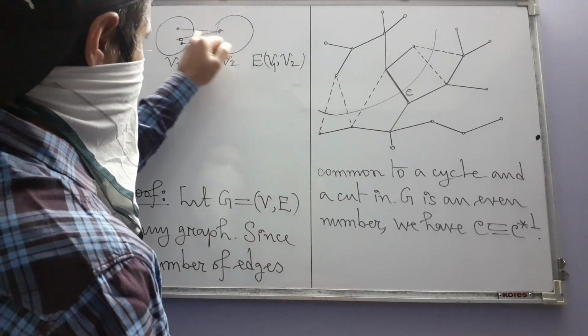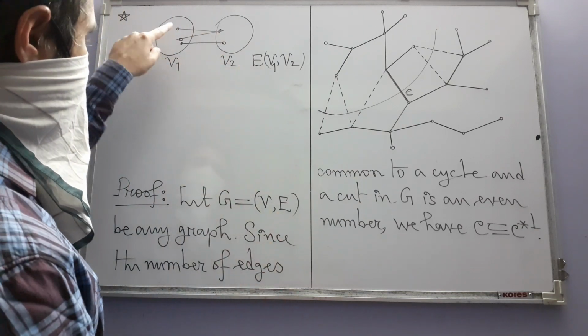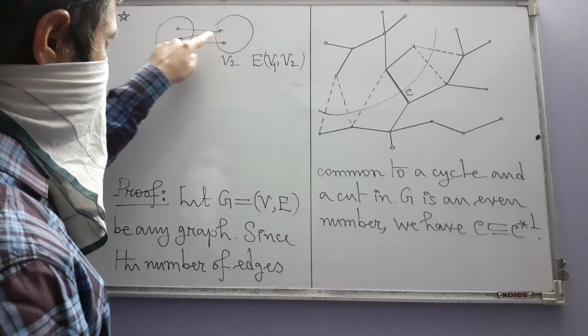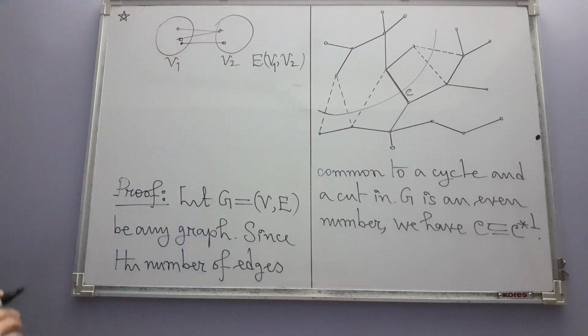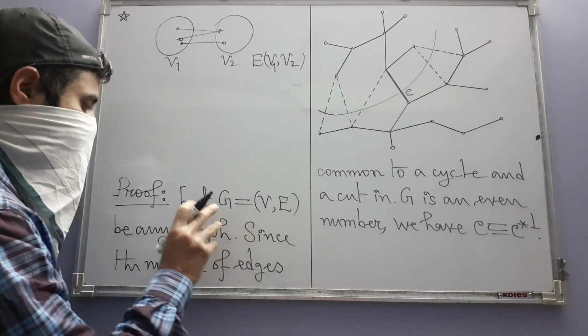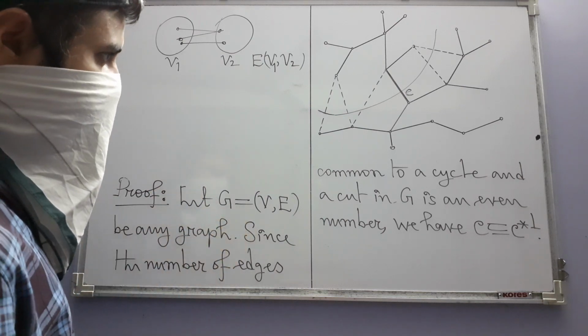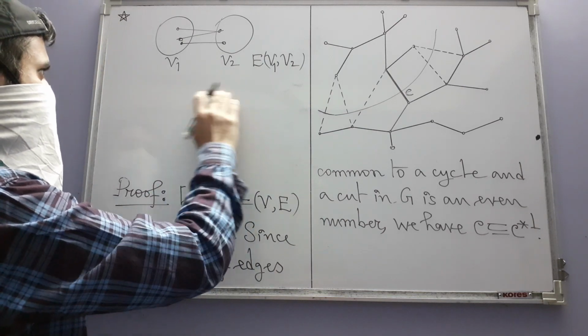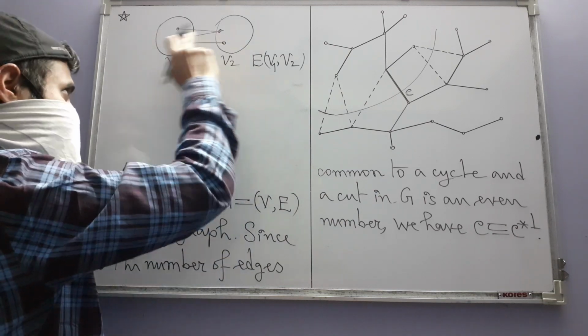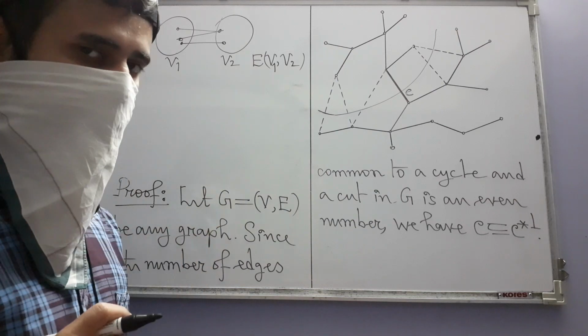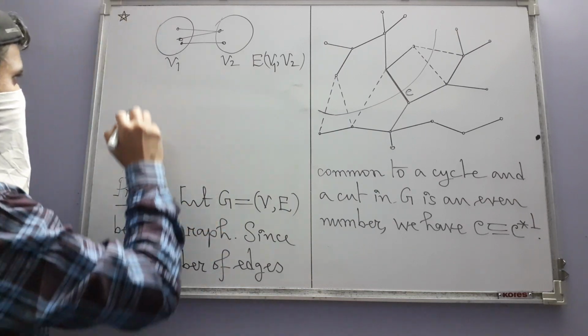Some of them run between V1 and V2, and some of them stay confined here, some of them stay confined here. Now, in G, if we find a cycle, what we are saying is that the number of edges that will be there in the cycle as well as in this cut is an even number. That we need to understand now.